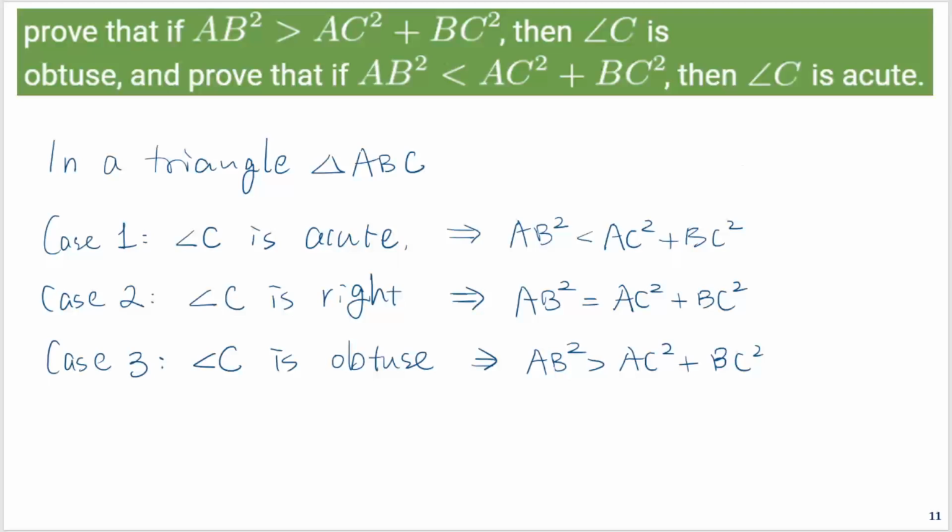So each possible triangle ABC must fall under exactly one of these cases. Only in the first case here we have AB squared is less than AC squared plus BC squared. So if AB squared is less than AC squared plus BC squared, we can conclude that angle C is acute, right?